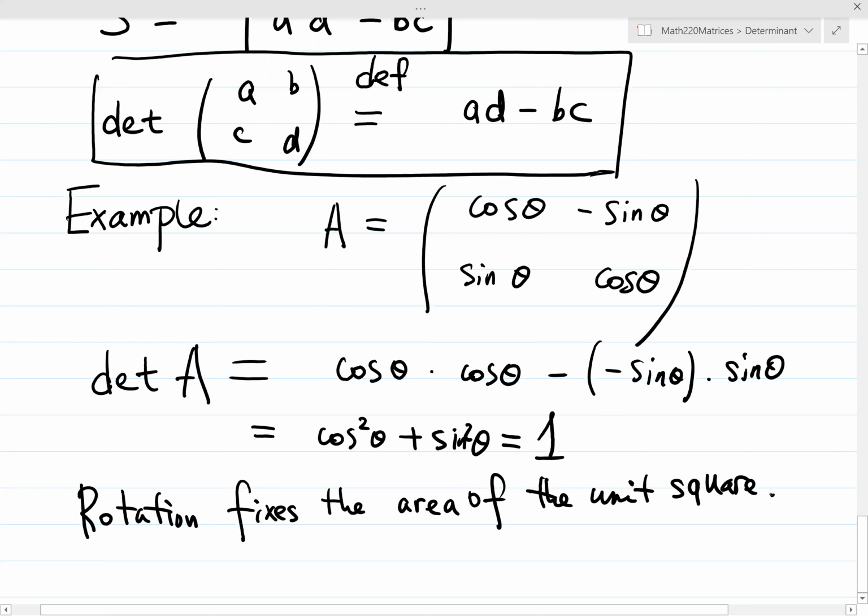Now we know how to do dimension 2, the definition of a 2 by 2 matrix. Now, what happens if we have dimension 3? What definition should we use to define the determinant of a 3 by 3 matrix? Now we try to find a definition that makes sense.